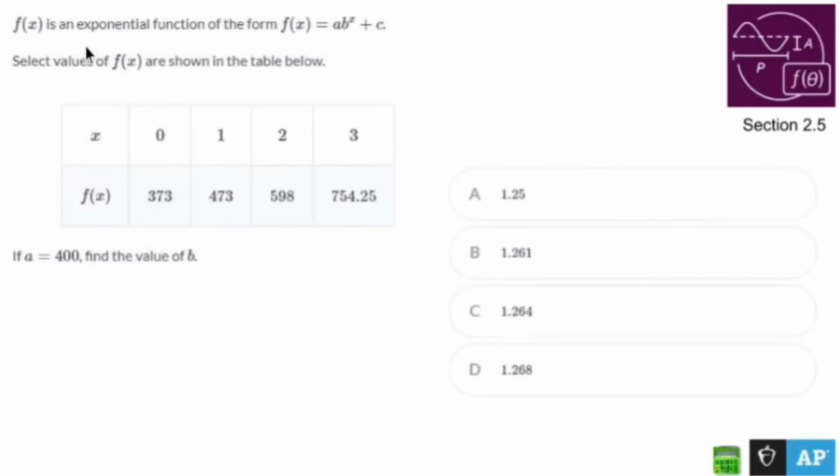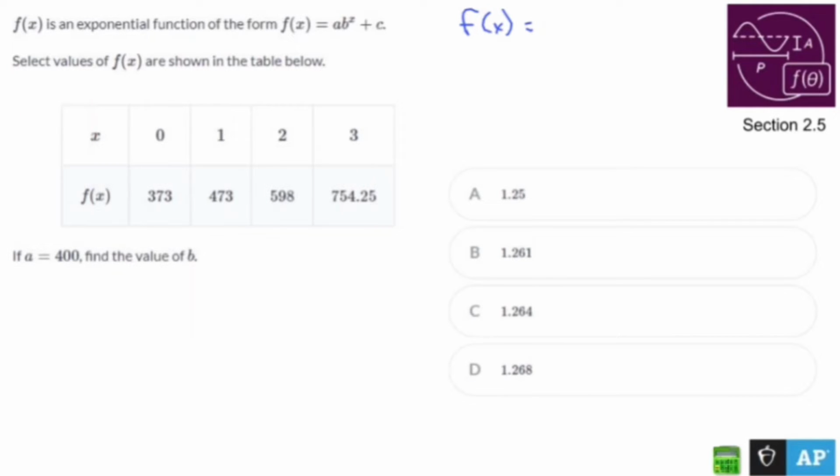F of x is an exponential function in the form f of x equals a times b to the x plus c. Select values of f of x are shown in the table below. A is 400, so let's write that out. F of x equals A times B to the x. A is 400, so let me quickly change that.